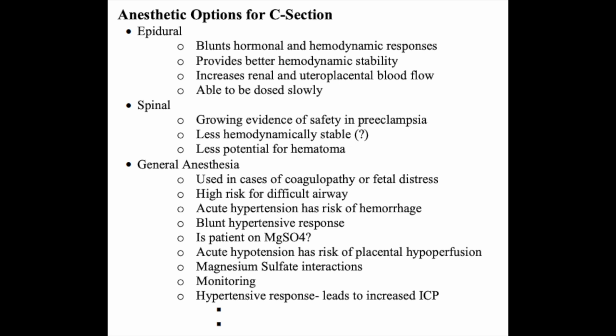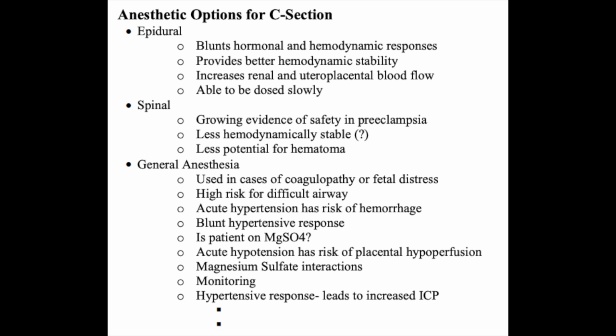So, advantages of using epidural for C-section: it blunts the hormonal and hemodynamic responses, provides better hemodynamic stability than spinal or general anesthesia. It increases renal and uteroplacental blood flow. You have a decreased potential for seizures, and like I said, it's able to be dosed slowly.